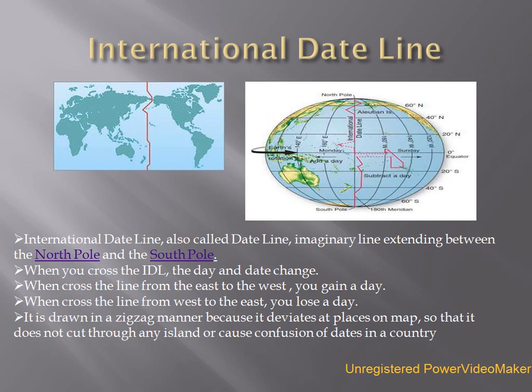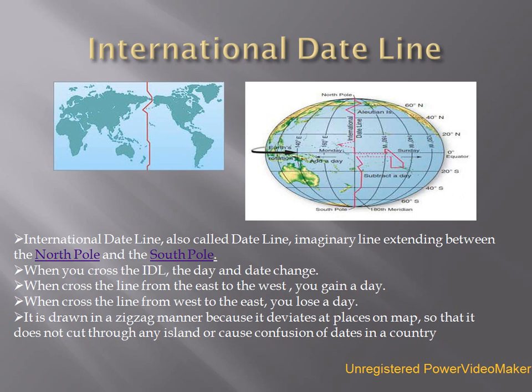Now let's take an example. If it is 8 p.m. Monday, 25th December at Greenwich, it will be 8 a.m. Tuesday, 26th December on crossing the 180-degree line. But if one travels from the west, it will be 12 hours behind, so it will be 8 a.m. Monday, 25th December.